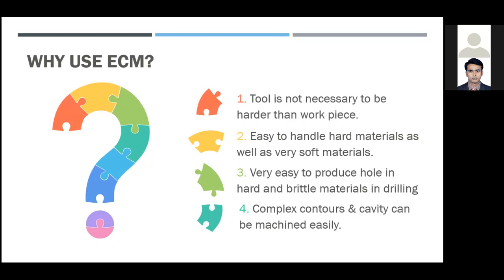In electrochemical machining, it is easy to handle hard materials as well as soft materials. Drilling of hard and brittle material in a conventional process can break the workpiece, but it is very easy to produce a hole in electrochemical machining. Complex contours and cavities can be machined easily in the electrochemical process.